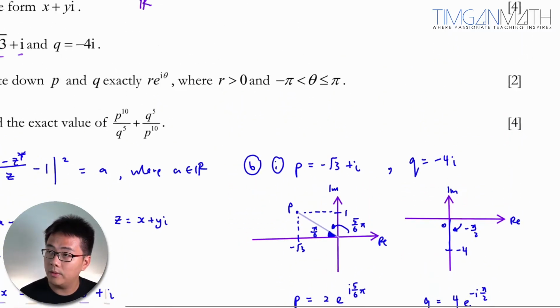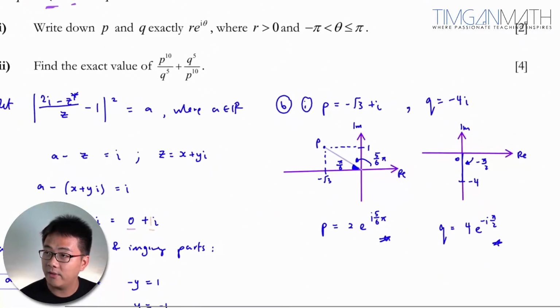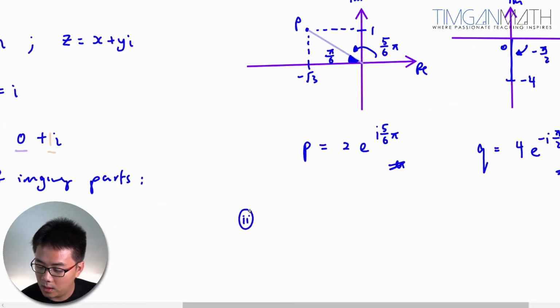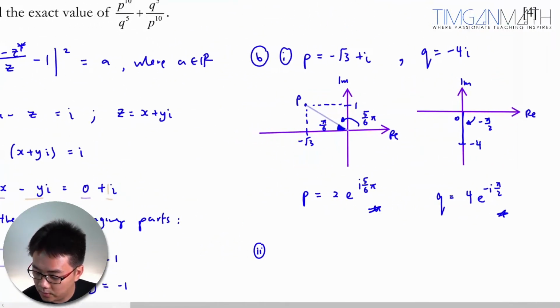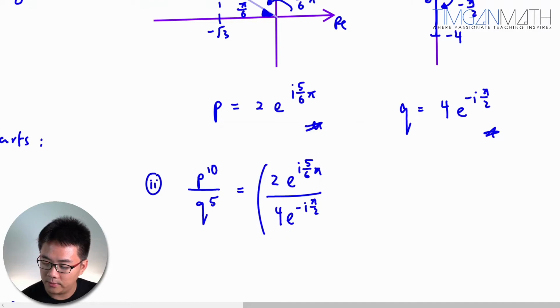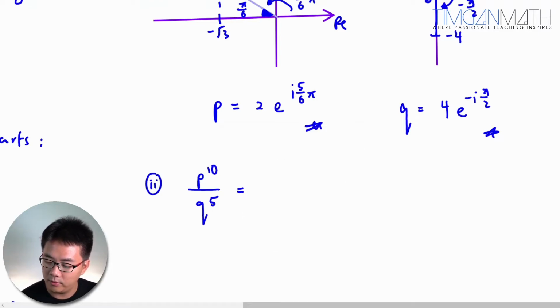So what we're going to do now is the last part, which is to find the exact value of P^10 over Q^5. Let me do the first one. P^10 over Q^5. The top will be to the power of 10.